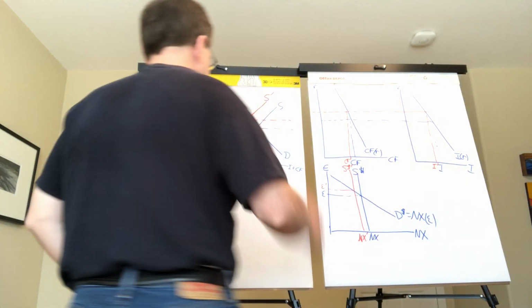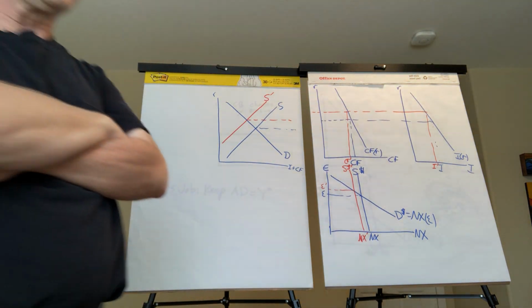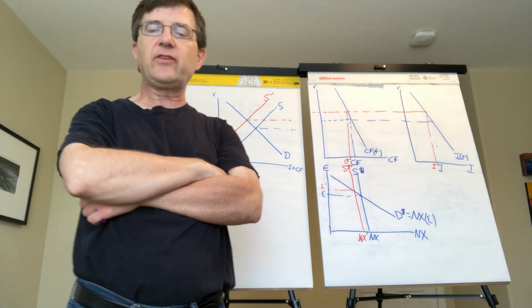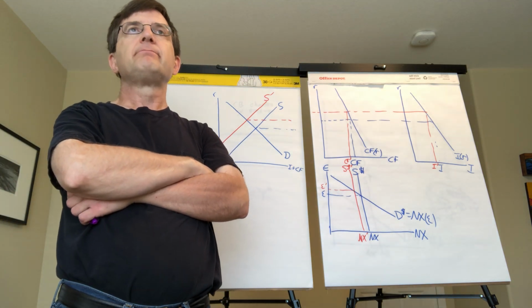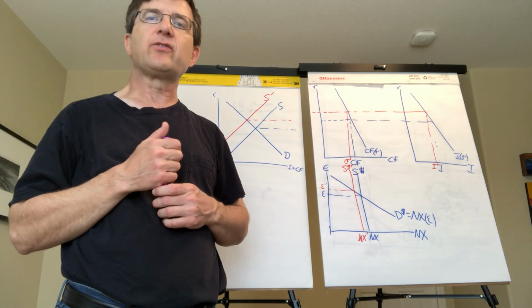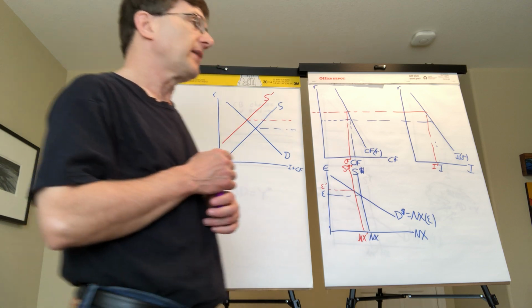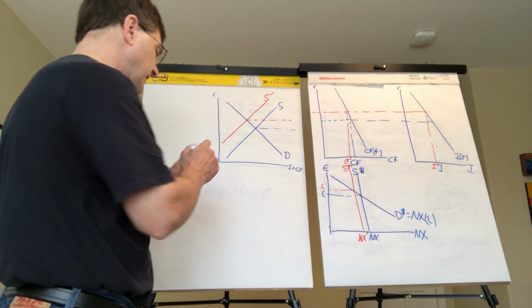So the shift back was the red. Now let's shift out the amount of saving. If you had a regulation where, by doing nothing, 8% of everybody's paycheck would get saved into a retirement savings account, I promise you a lot of people would save more money. And you've got a reading on that.